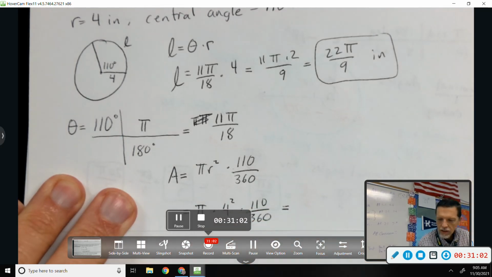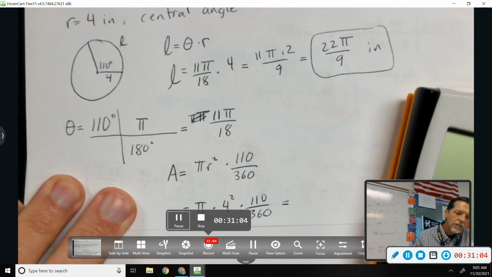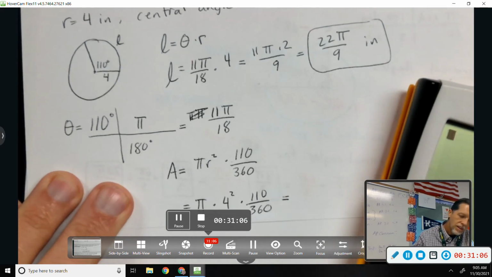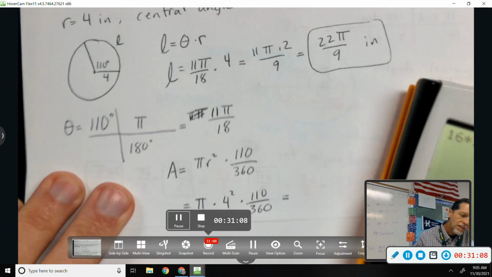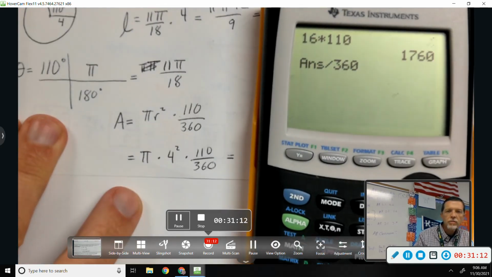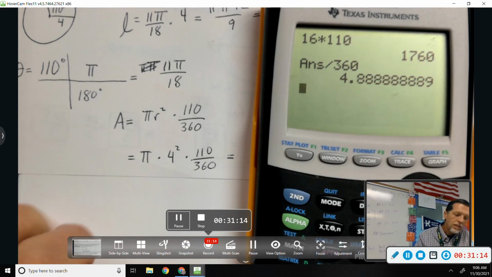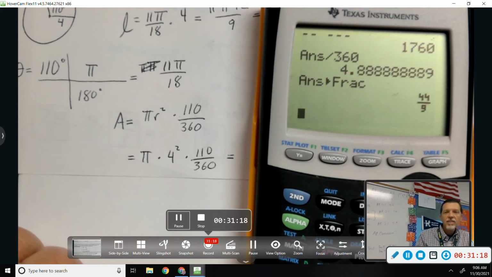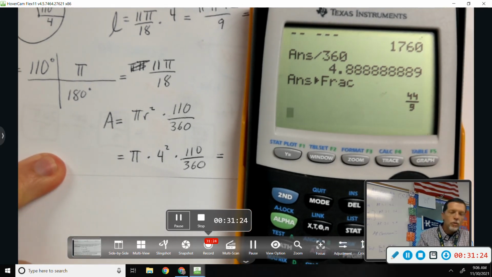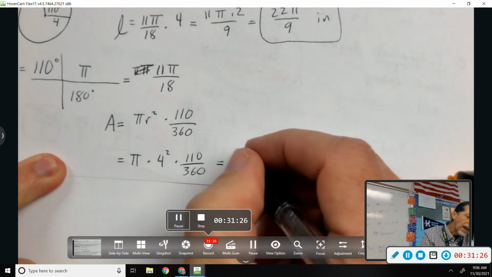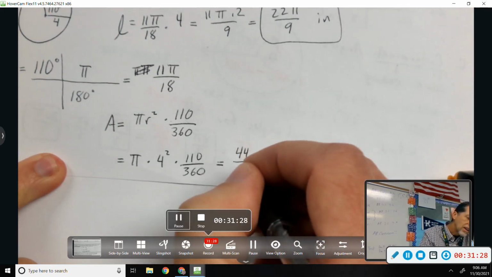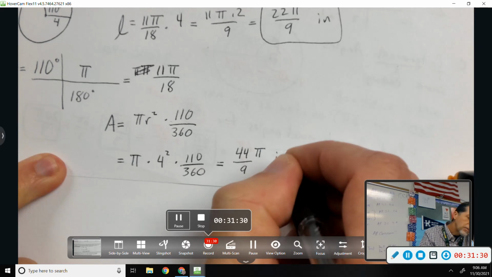This is probably worthy of a calculator. 16 times 110 divided by 360. Probably doesn't come out nice. But are you familiar with the math frac button? Greatest invention of calculator ever. Maybe not, but close. So that's 44 over 9, but don't forget the pi. And that would be inches squared.